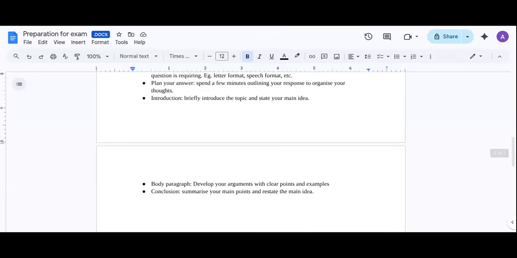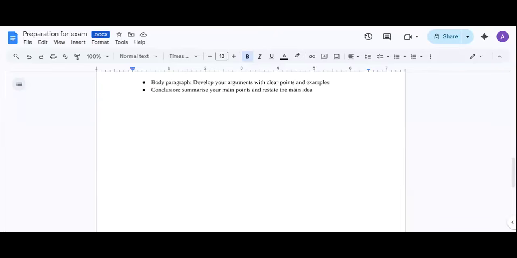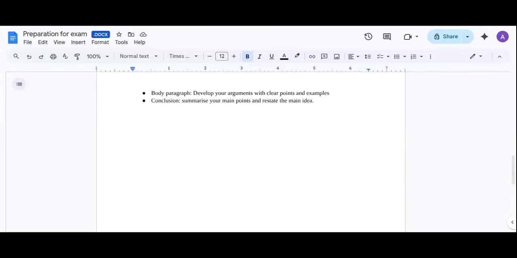As opposed to bullet points, in your essay you use paragraph form to show the different responses to what they asked. And then we have the conclusion, where you summarize your main points and restate the main idea. We know how to do a conclusion. And again, based on the format, you will know how to do this.